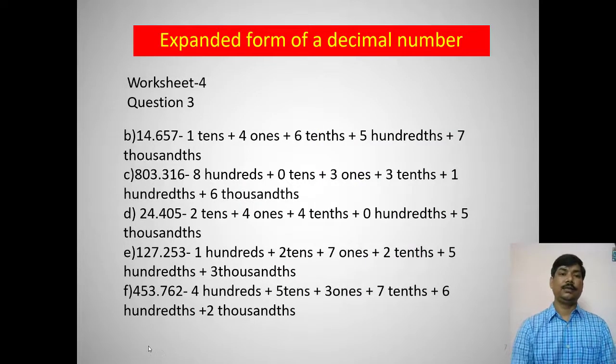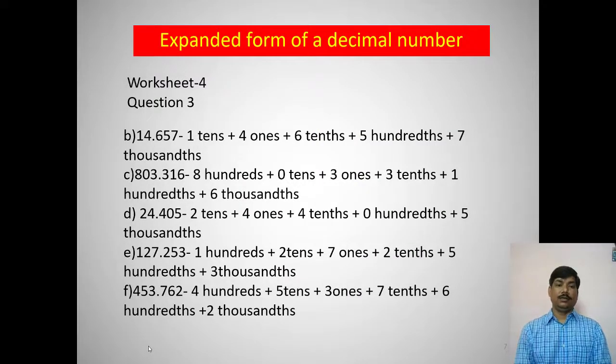Now, next, the reading method for the expanded form of a decimal number. How can we read this number, 14.657? This is 1 ten, 4 ones, 6 tenths, 5 hundredths, 7 thousandths.